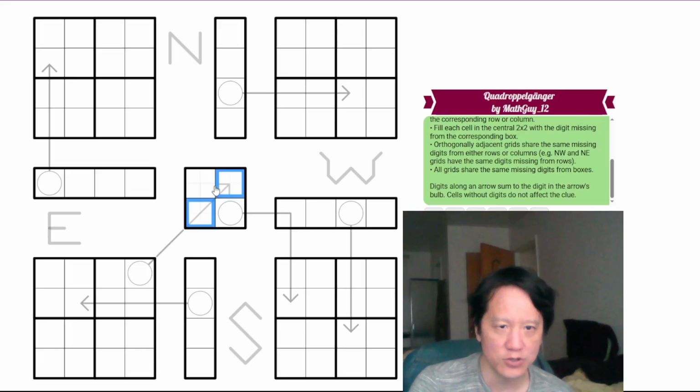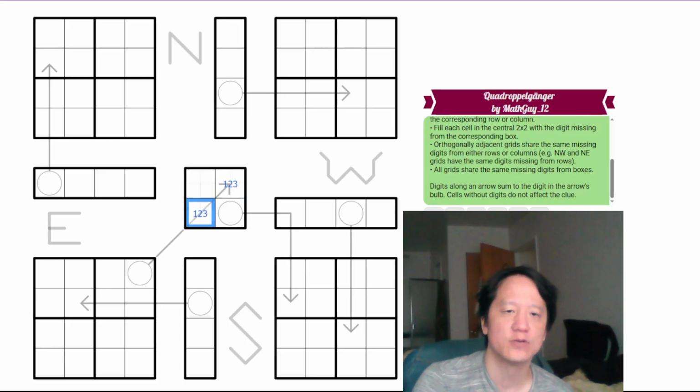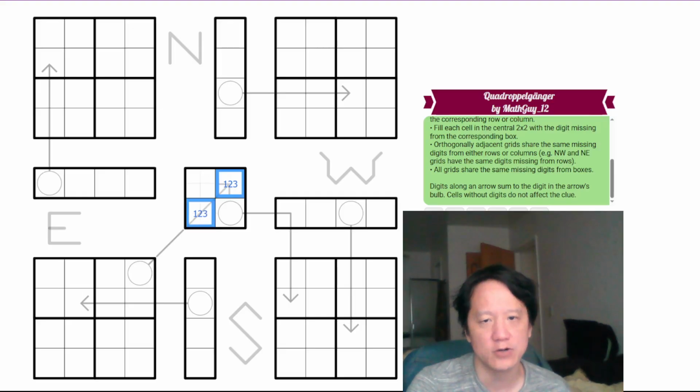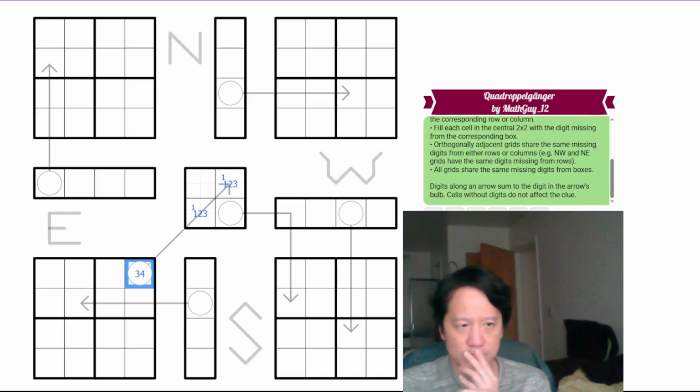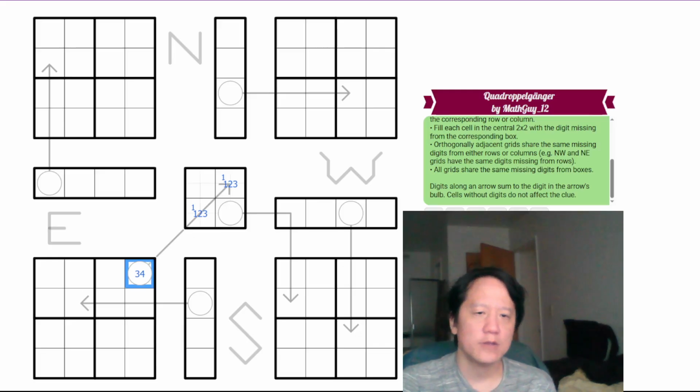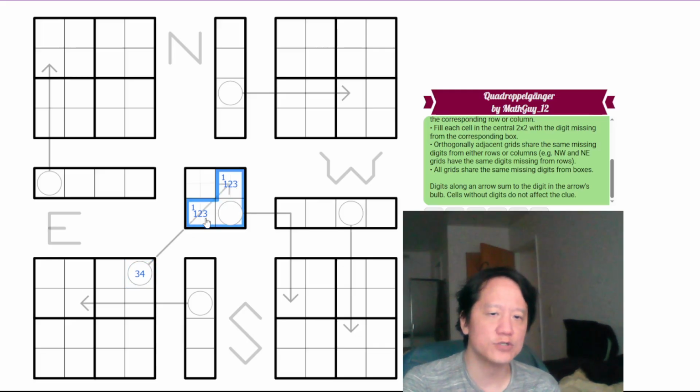And these are all 4 unique digits because each box must be missing a unique digit. So this is either 1 and 2 or it's 1 and 3. Either way, we are guaranteed a 1 here, because again, these have to be unique digits. So this is then 3 or 4. That means if this is 1, 2, this has to be a 3, 4 pair. If this is 1, 3, this is a 2, 4 pair.